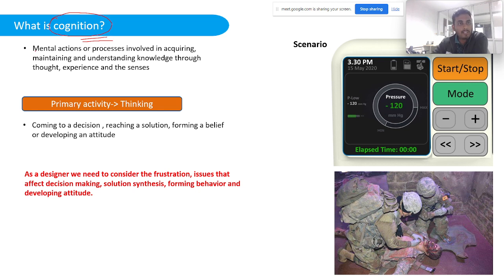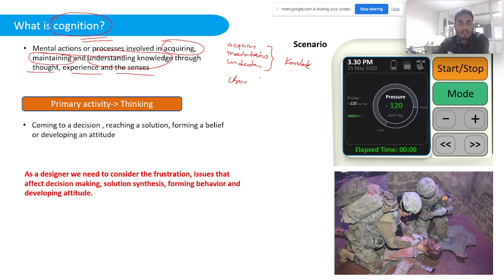Okay. So cognition are mental actions, processes that involve acquiring, okay, maintaining and understanding knowledge. Okay. So remember these three things: acquiring, maintaining and understanding knowledge through thoughts, experience and the senses.